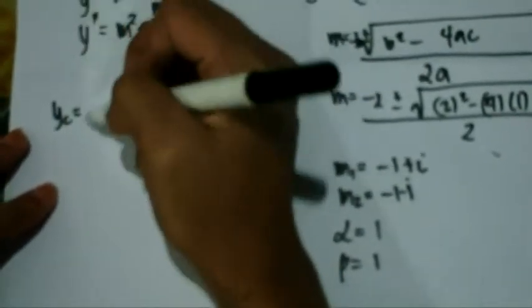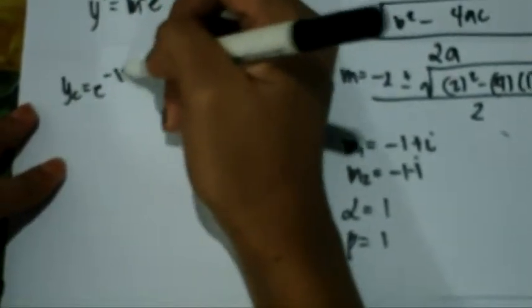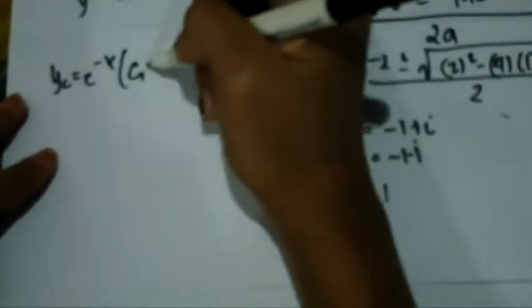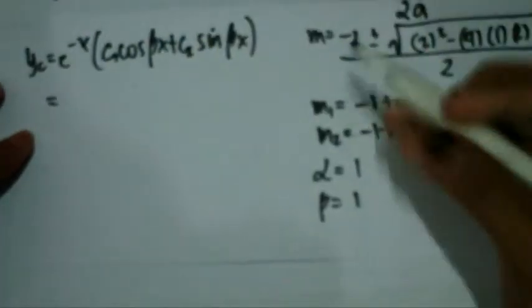So, by that, we could deduce definitely that this is case 3 of the format of our complementary solution of y is equal to e raised to alpha x quantity c1 cosine beta x plus c2 sine beta x.